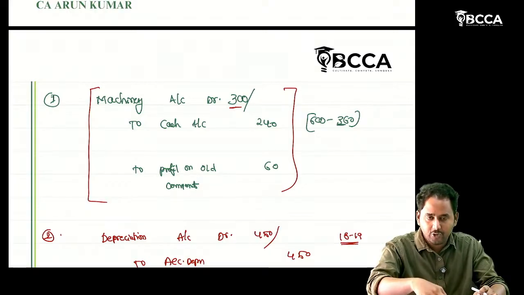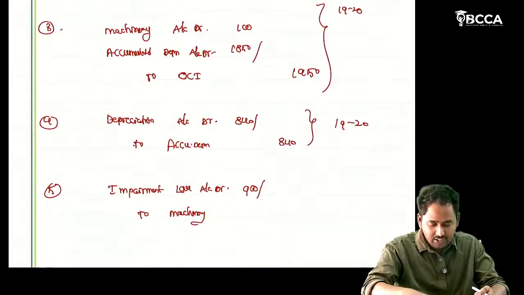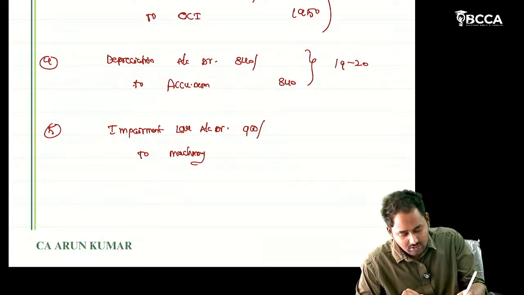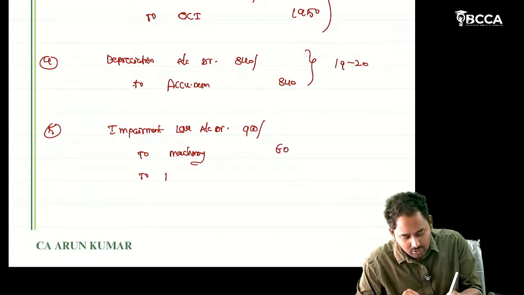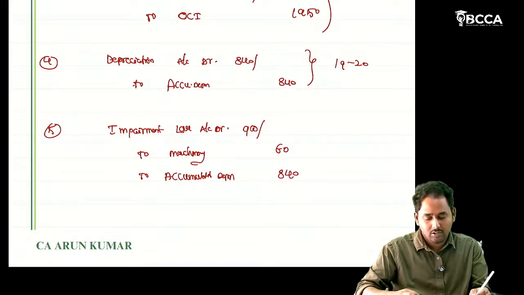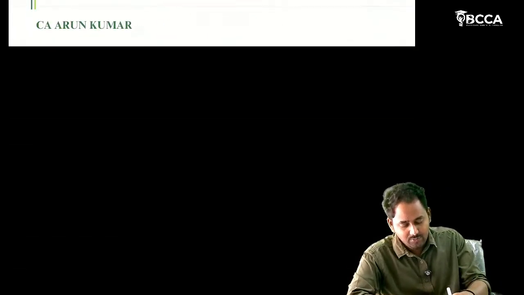Okay, I will provide you a journal entry using the gross carrying amount also. So first listen to this. What is the gross carrying amount? 60. Then to accumulated depreciation 840.